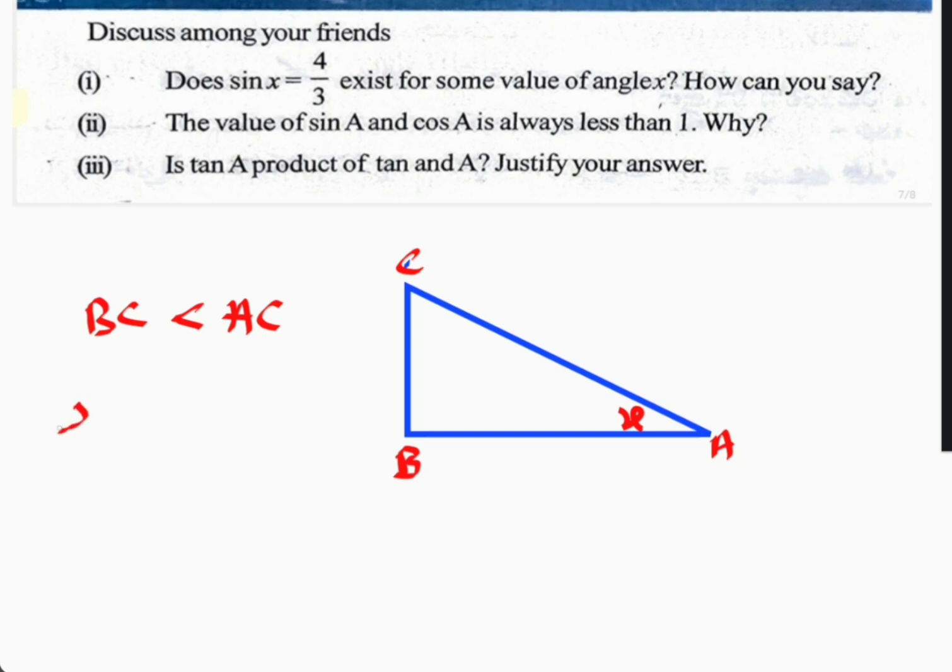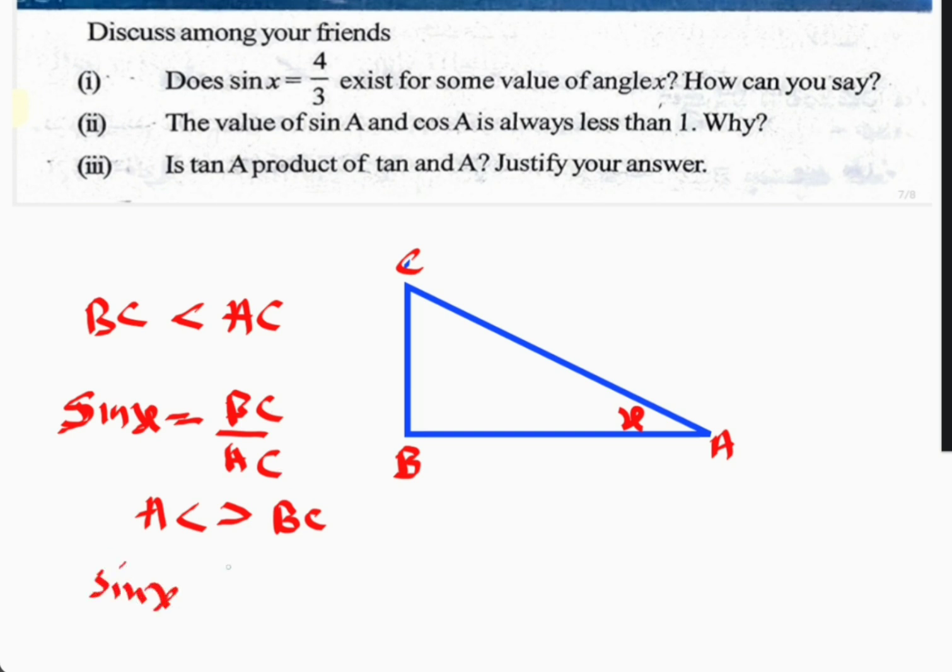So sin x we can write as BC by AC. From this we know AC is greater than BC, therefore the sin x value is sometimes equal to 1 also. So sin x value is less than or equal to 1.